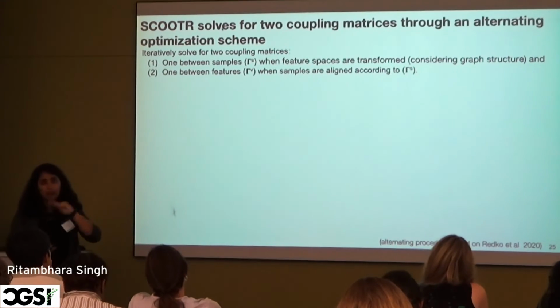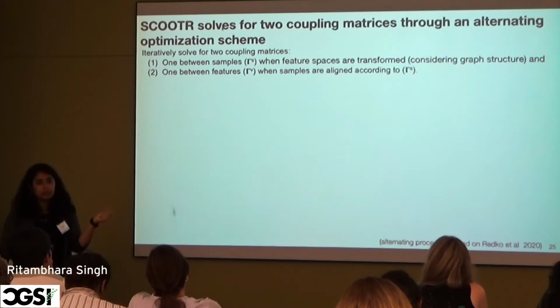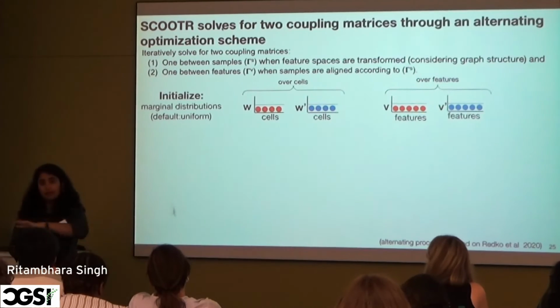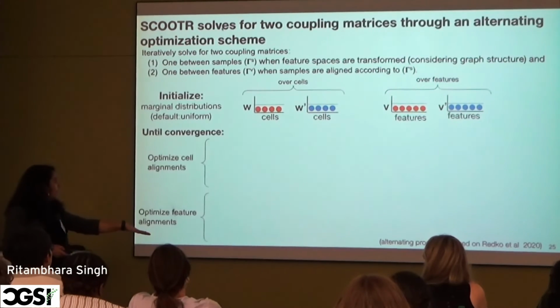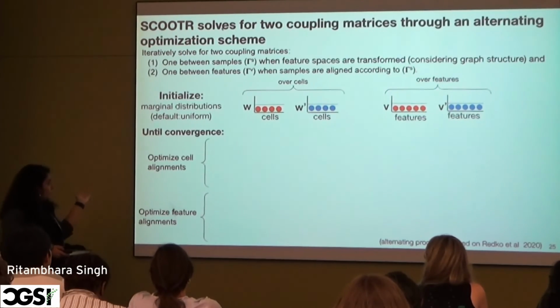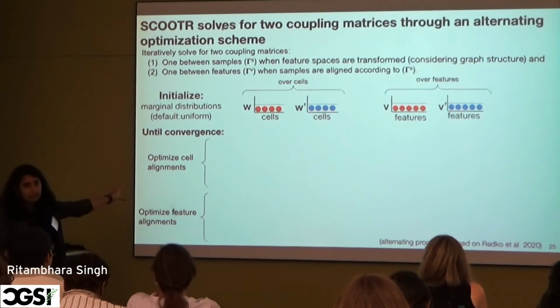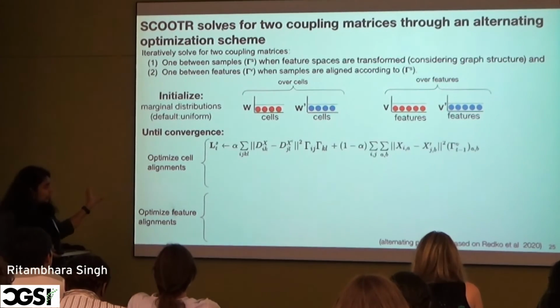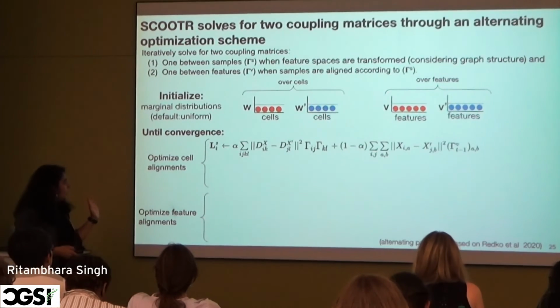One is learning couplings between the samples. The other is learning couplings between the features. Once again, we start everything uniformly. We have the optimization strategy that, until convergence, first optimizes the cell alignments and then optimizes the feature alignments. How does it optimize the cell alignment? Using this function.